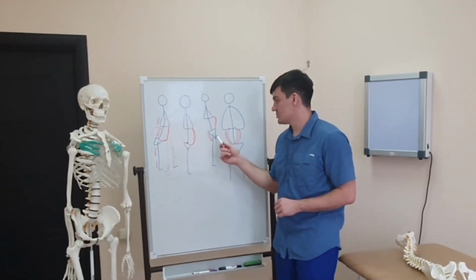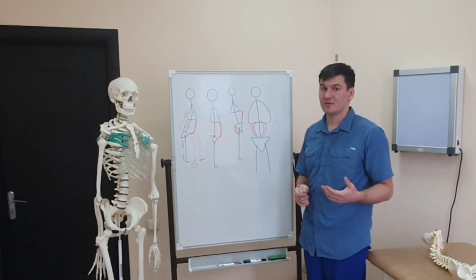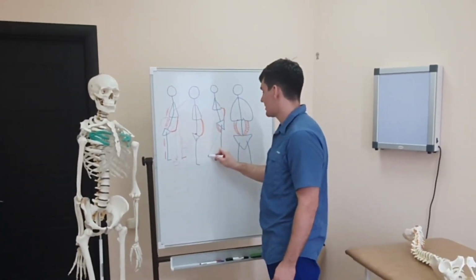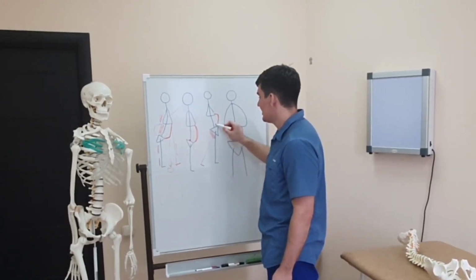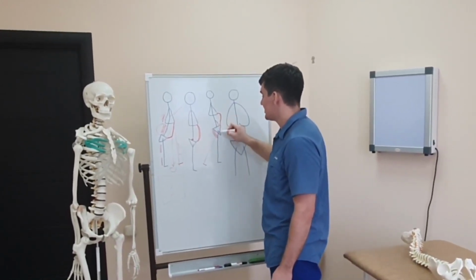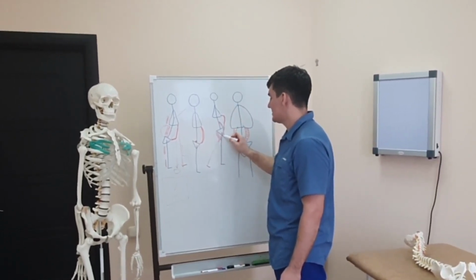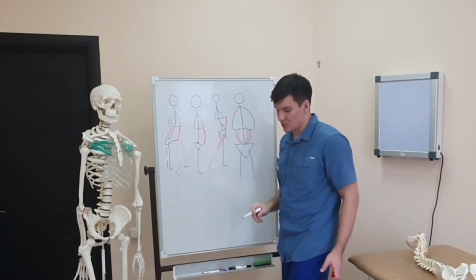That is, in this case, during a step, especially during fast walking, when the leg stays behind, there is constant, excessive tension in the lumbar muscle in the front of the thigh, along the side of the thigh. There is tension in the iliotibial band.